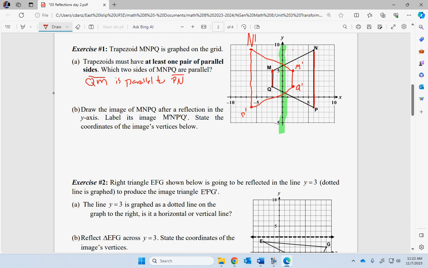So again, if I had tracing paper, I'd be able to trace over the original figure and the new figure, and they would match up perfectly. They're just reverse images of each other.